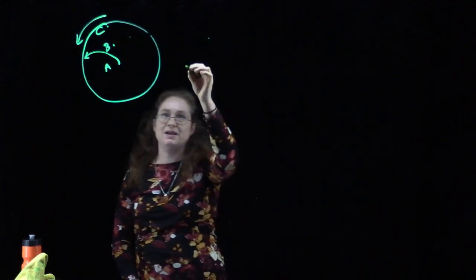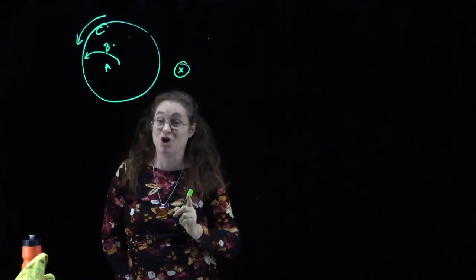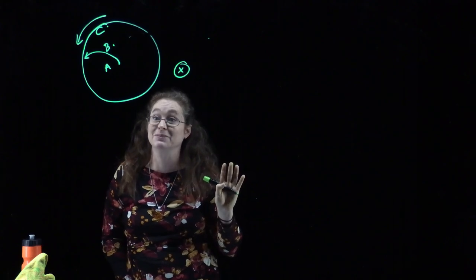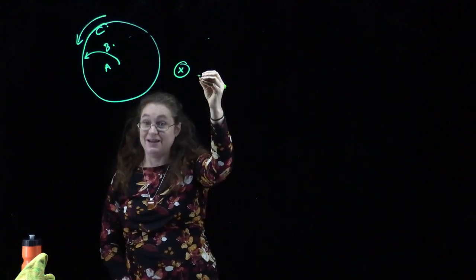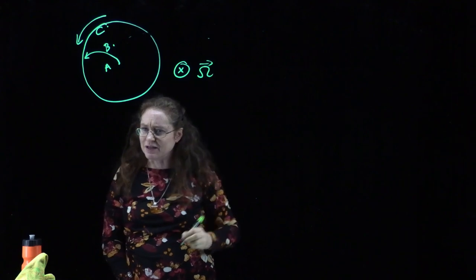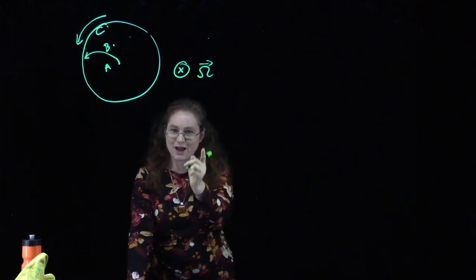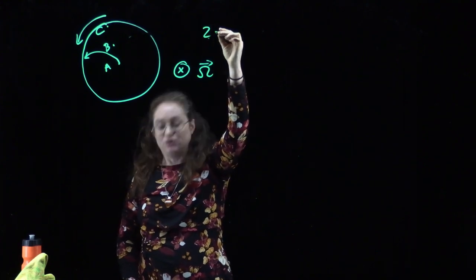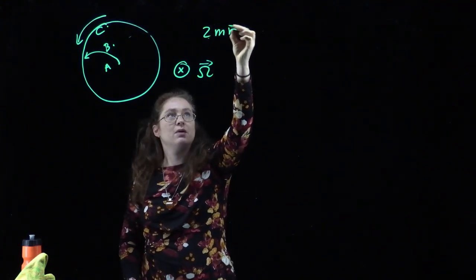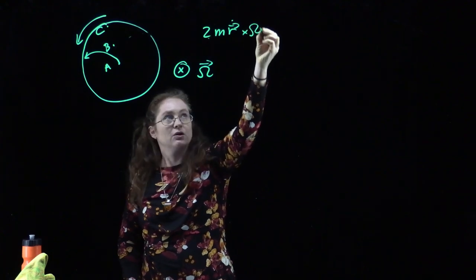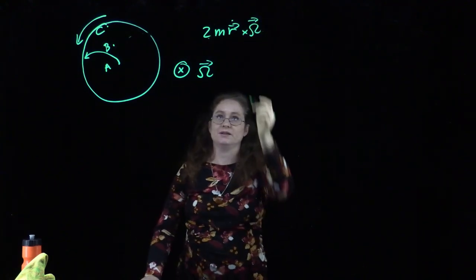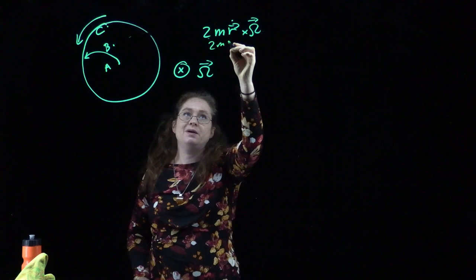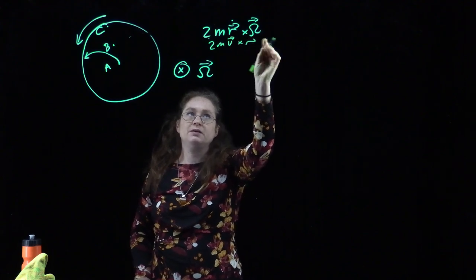And let me just say, I have taught this class 4 times. If I mess up the sign and I have to think carefully, you're going to have to think carefully too, and that's okay. So our Coriolis force is 2m r dot cross with omega, where this is 2m v cross omega.